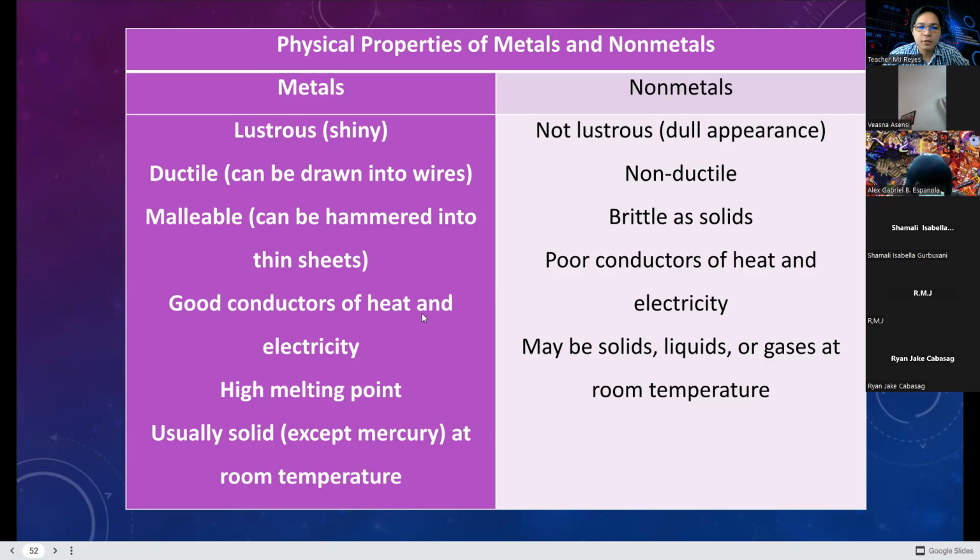Metals are good conductors of heat and electricity with high melting point, while non-metals are poor conductors of heat and electricity. So that is why metalloids are good materials for your electronic devices or electronic parts. Why?